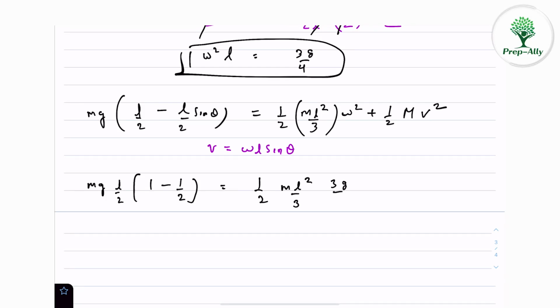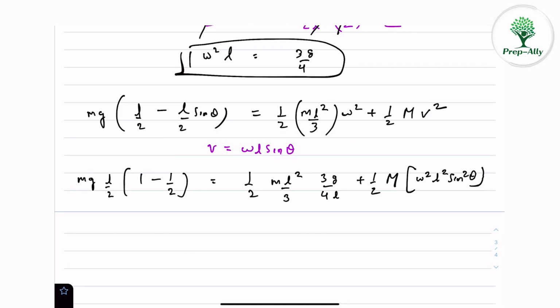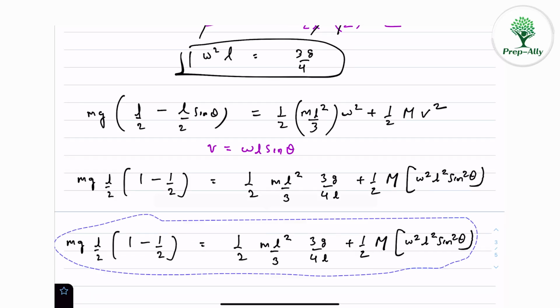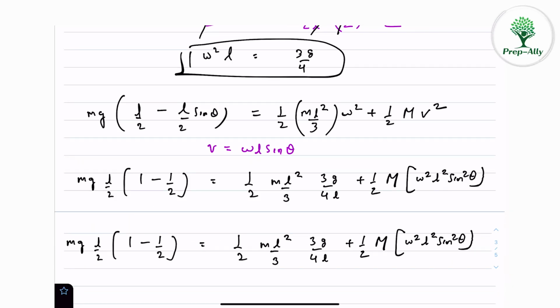Omega square is 3g by 4l plus half m into v square. Now v square will be omega square into L square into sin square theta. So let us rewrite this entire thing once again, but this time we will substitute the omega square value in the last term also.